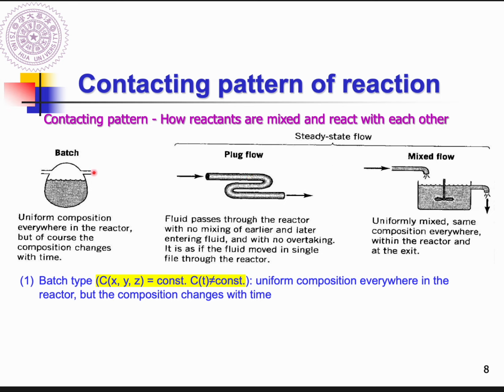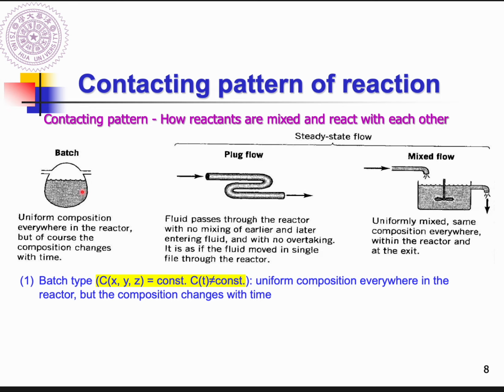So what does batch type mean? We put all the reactants in the beaker, and we put a stir bar on the bottom to allow the reactants to mix well. So in this batch type, inside this beaker, we have a uniform composition everywhere in the reactor.